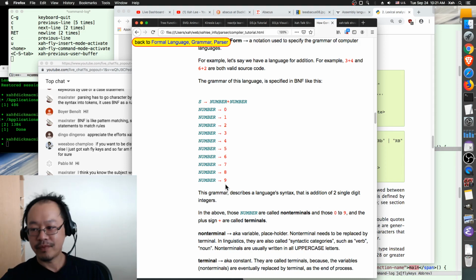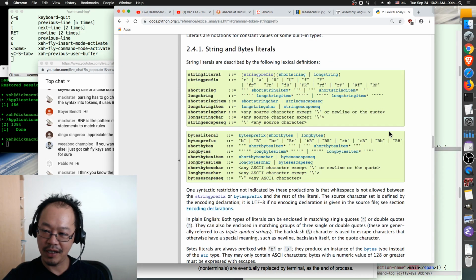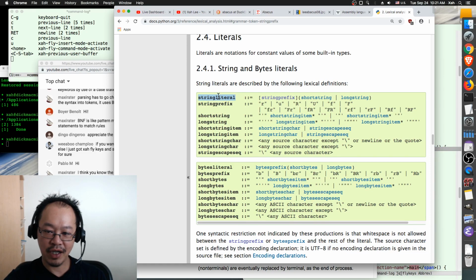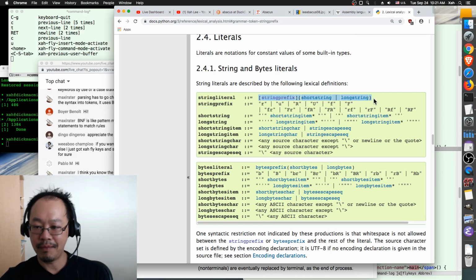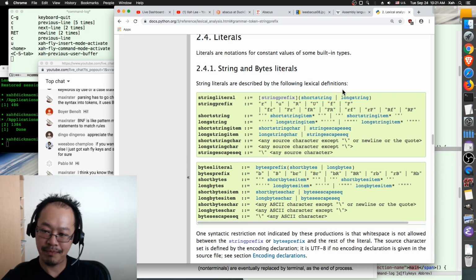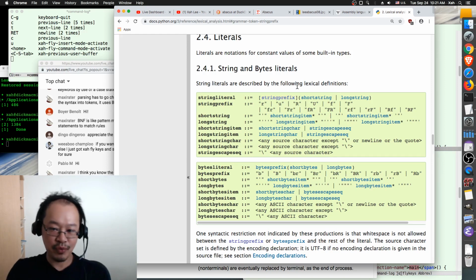For example, in Python we see the same thing. It says every time you see the word string literal, you can replace it by, here the grammar becomes more complex, but basically either a short string or a long string, possibly with a string prefix. That's one rule.